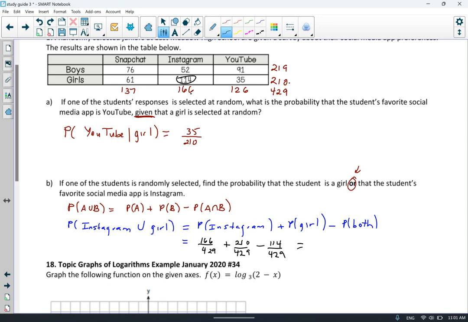And since we have the same denominators, I'm just adding the numerators and then putting it over the denominator. Oh, I made a mistake. Hold on. 166 plus 210 minus 114. That's 262 over 429. And I would leave the answer like that.